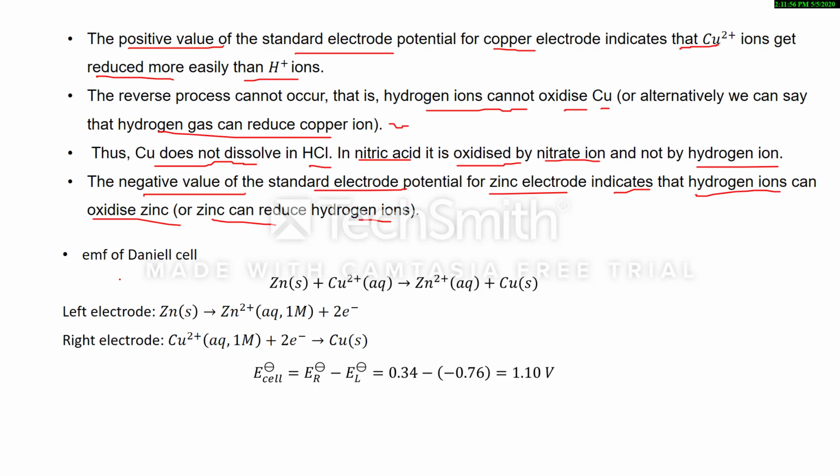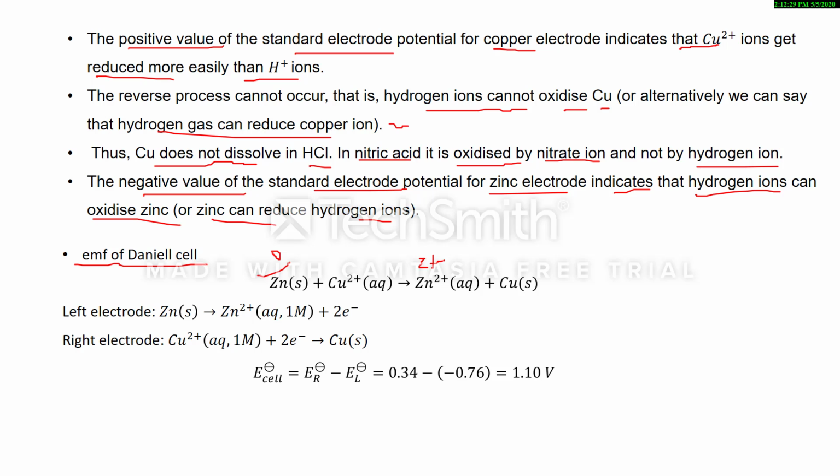Now with the help of this we can find out the EMF of the Daniell cell, as this is the reaction taking place in the Daniell cell which we discussed in the previous video: Zn plus Cu2+ gives Zn2+ plus Cu. In this case, which one is the left electrode? That is where oxidation takes place. Now how can we find out the oxidation? We have two ways: by the transfer of electrons or by knowing the change in oxidation number. Here the oxidation number is 0 and this converts to 2+.